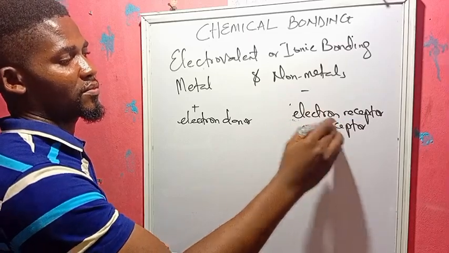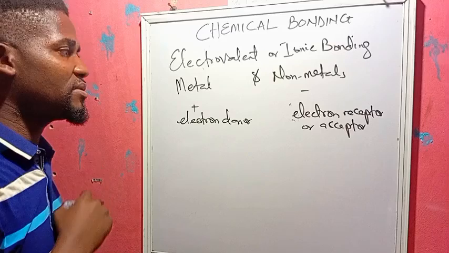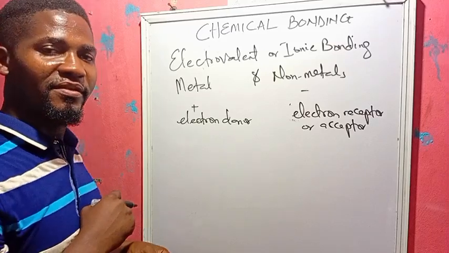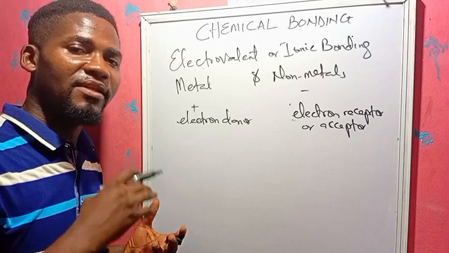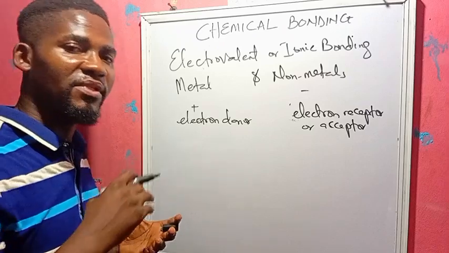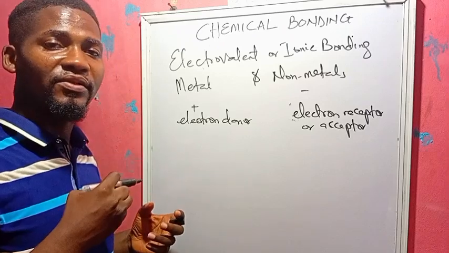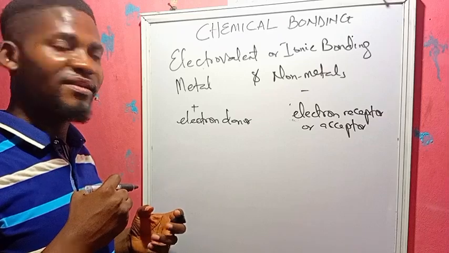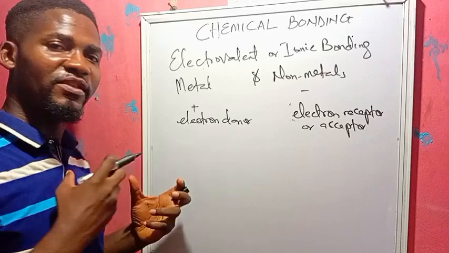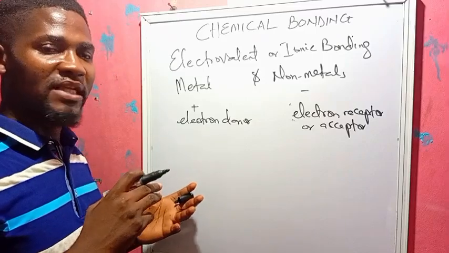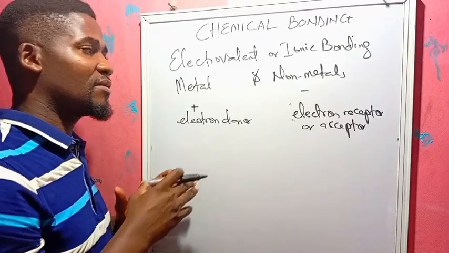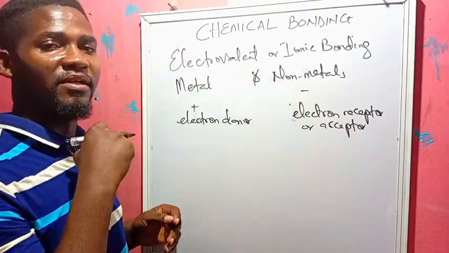So, what happens in the ionic bonding? A metal loses its electron to a neighboring non-metal that is in need of that electron. And a kind of force of attraction is established due to the presence of those ions that are being released from the metal to the non-metal.